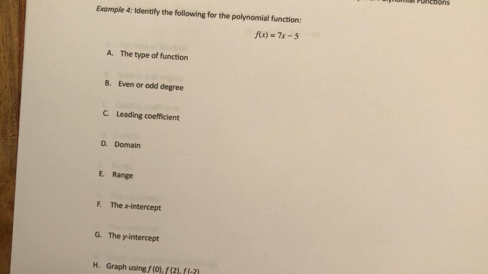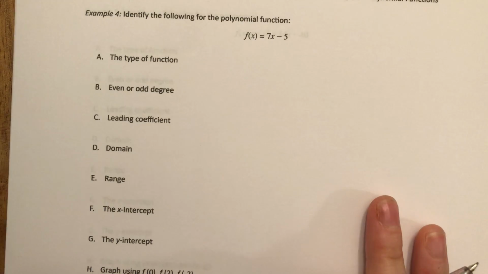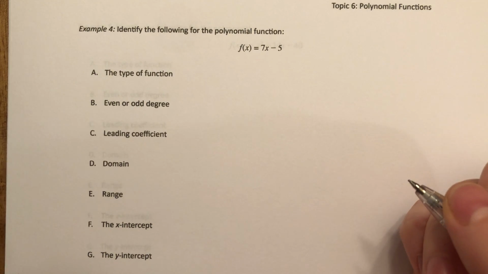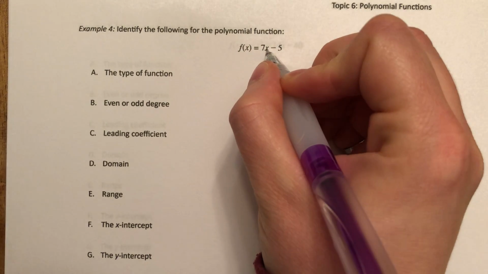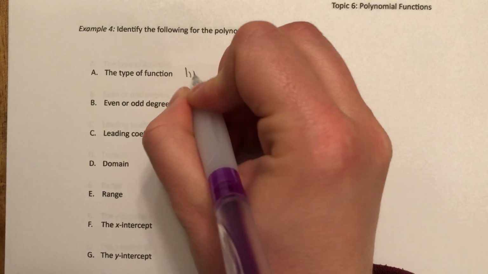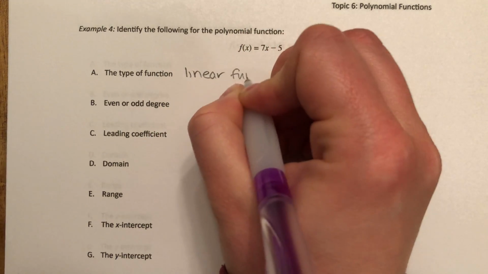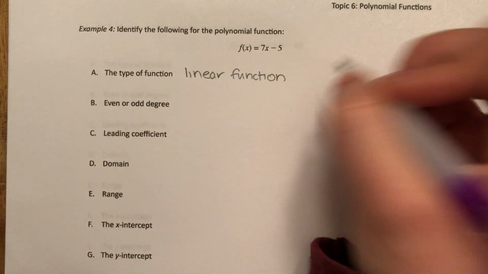So we're going to actually do some of this. We're going to practice recognizing these things that we just talked about. Okay, so this one has an x to the 1, so that means it's a linear function, right?